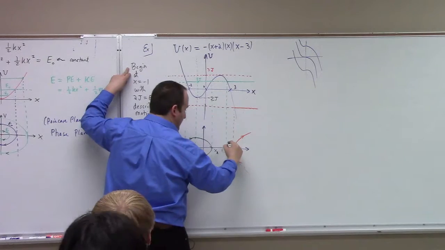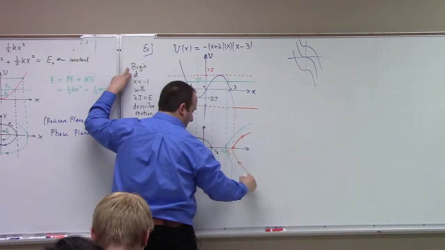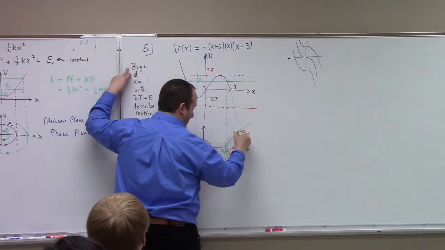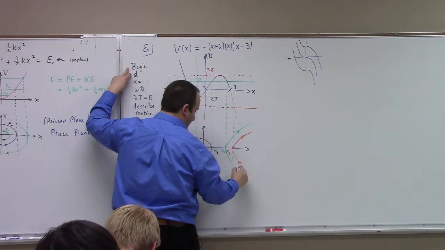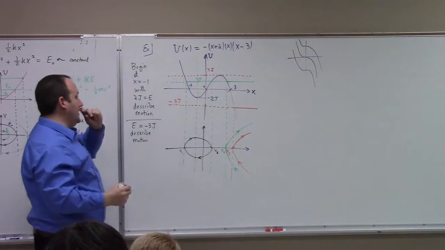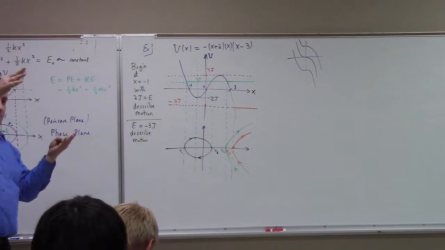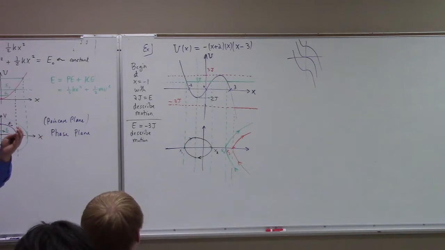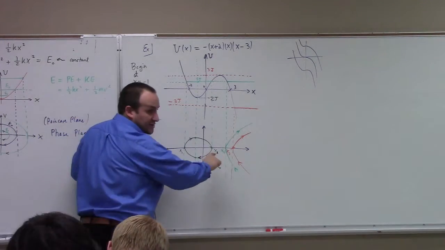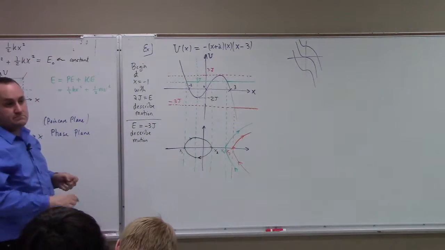There's also unbounded motion over here. So if you had energy of 2 joules and you started at x3 going to the right, you just keep going off to infinity. If you're going to the left, you swing in, get as close as x4, and then swing back out again.